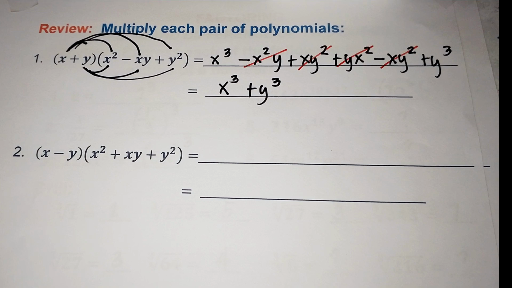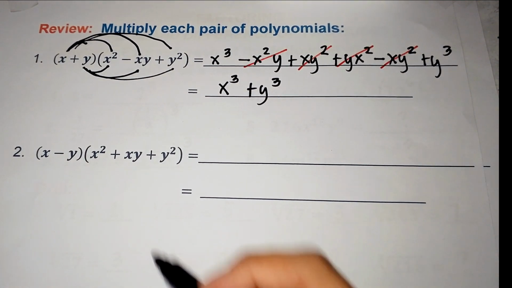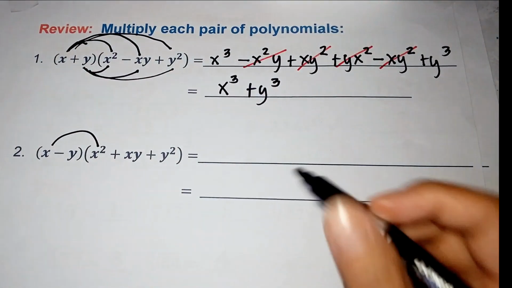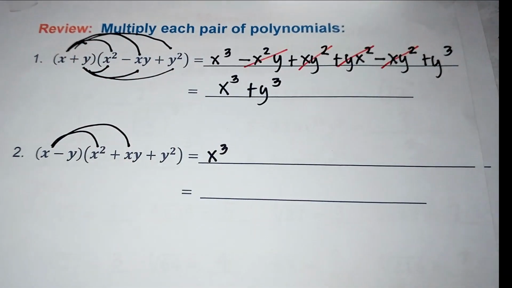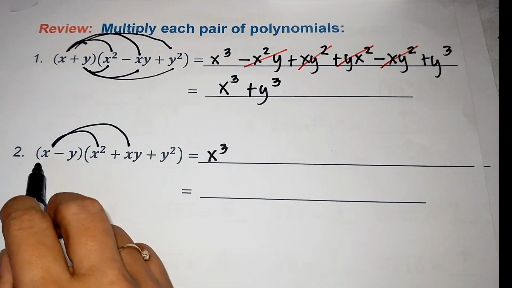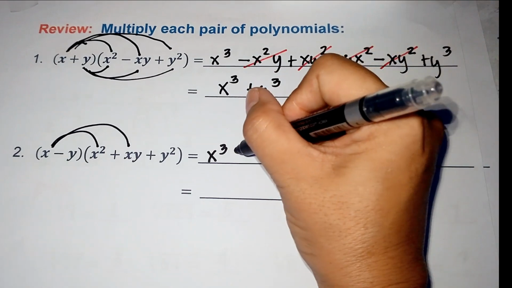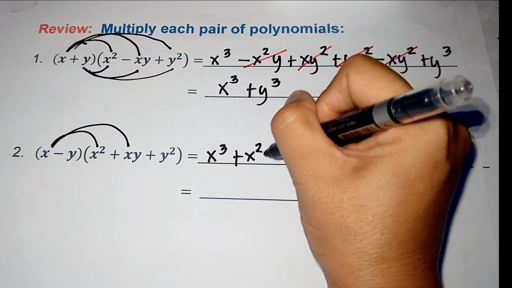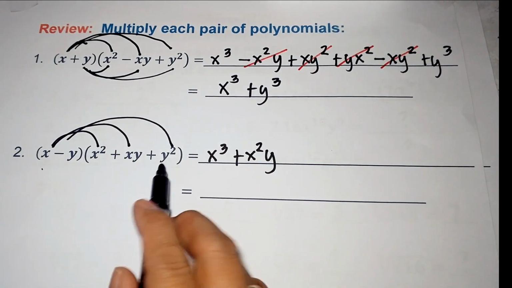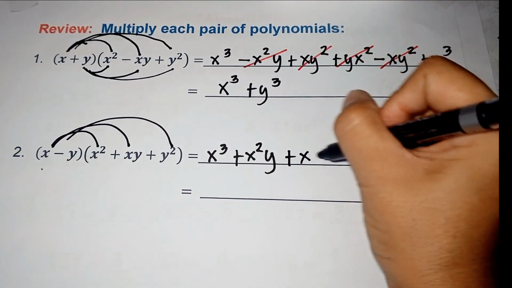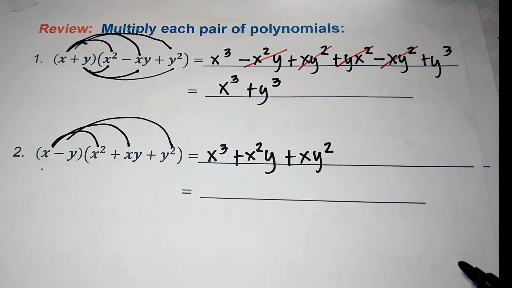For the second one, let's do the same thing. x times x squared is x cubed. x times xy will be x times x squared, so positive x squared y. Then x times y squared is positive xy squared.